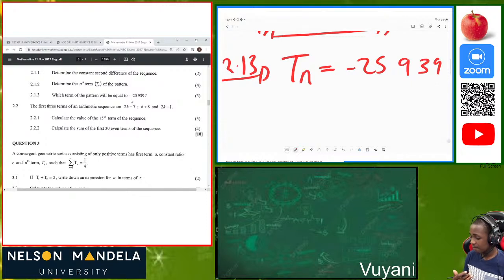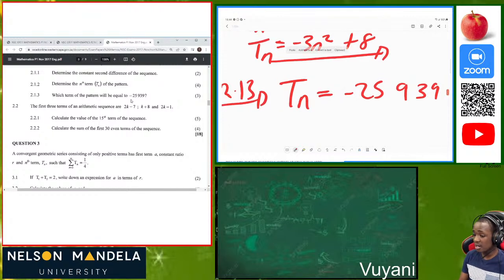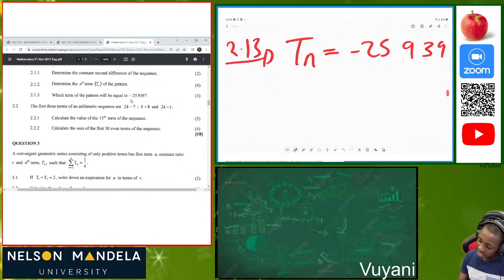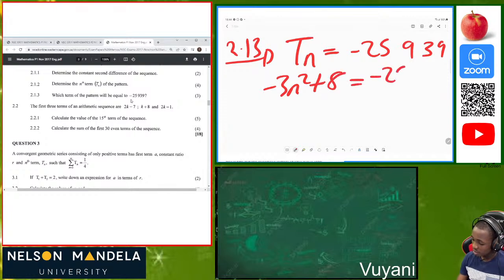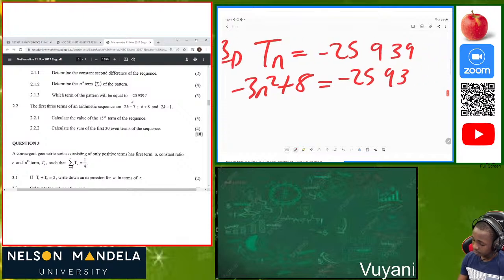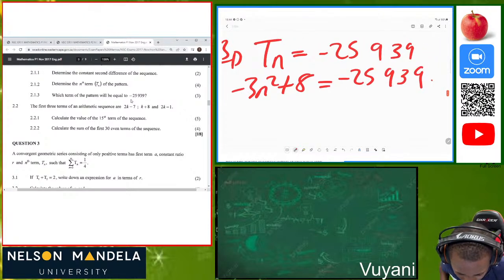It's easy. They've already given you Tn and you've already calculated your Tn, which is negative 3n squared plus 8, and now it's equal to negative 25,939.